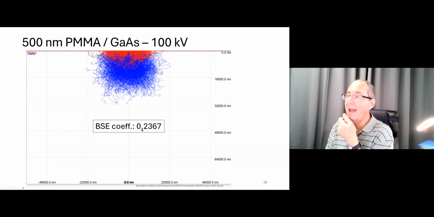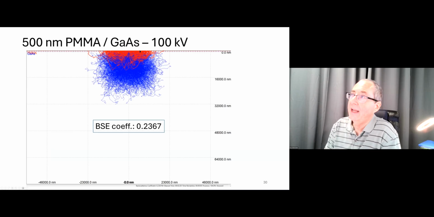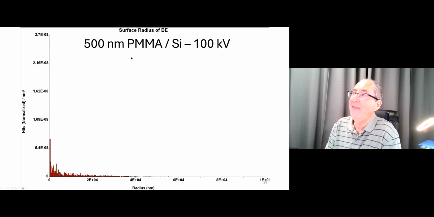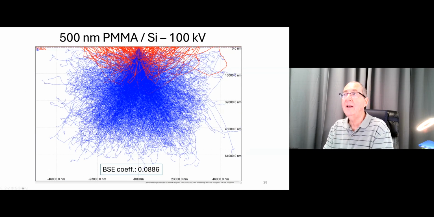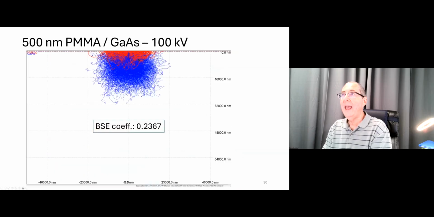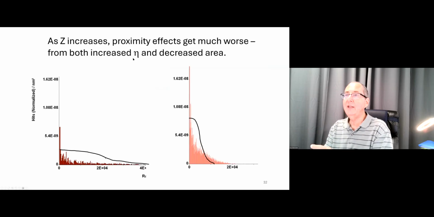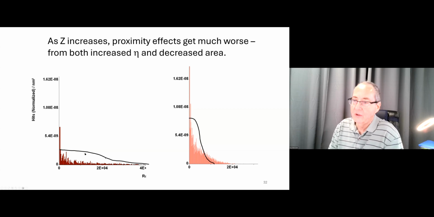And here, the backscatter coefficient is 0.24 on gallium arsenide, and the region is vastly smaller, but many more backscattered electrons. So this picture and this picture, which I show, these are distributions as a function of distance, and all I did was make a line to just sort of show its shape.